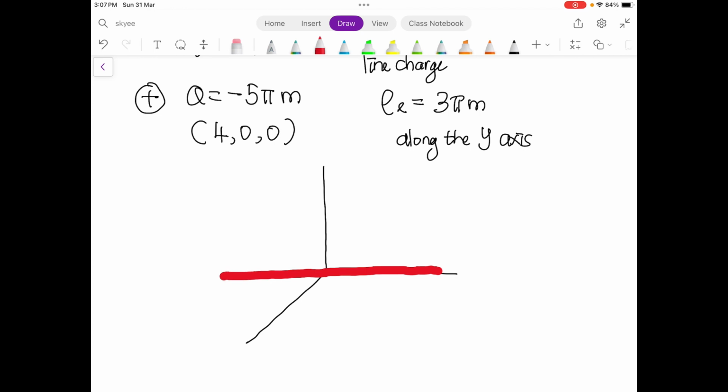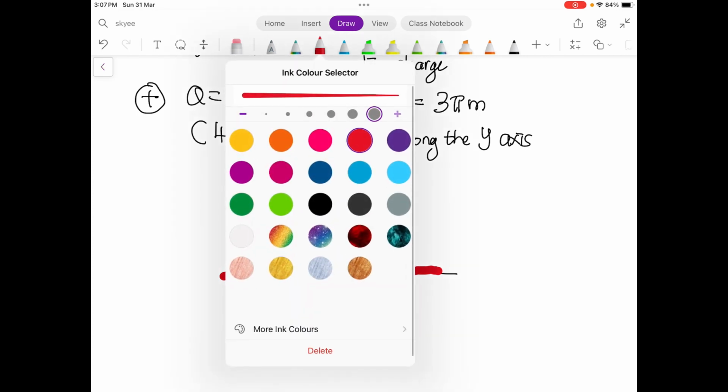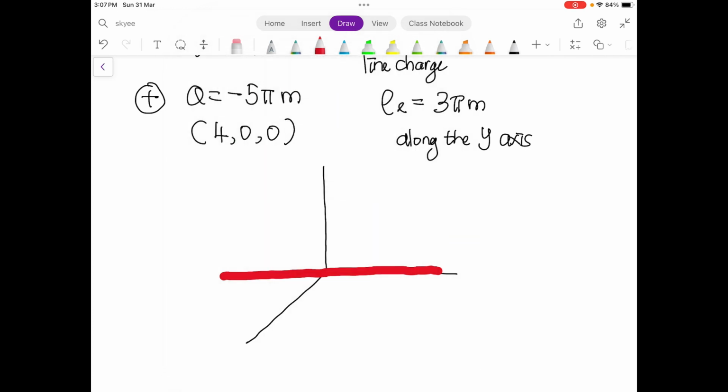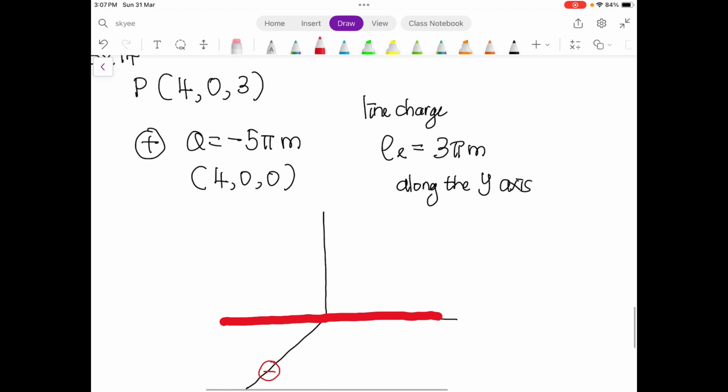Then you have a point charge at (4,0,0), which is a negative charge. Your observation point is (4,0,3), somewhere here.